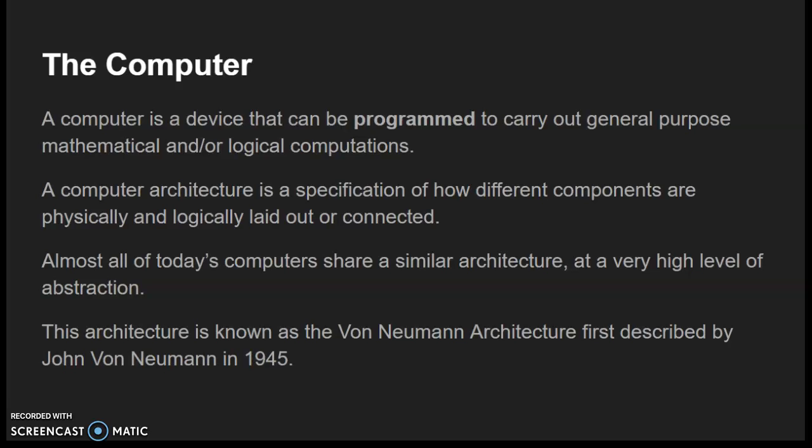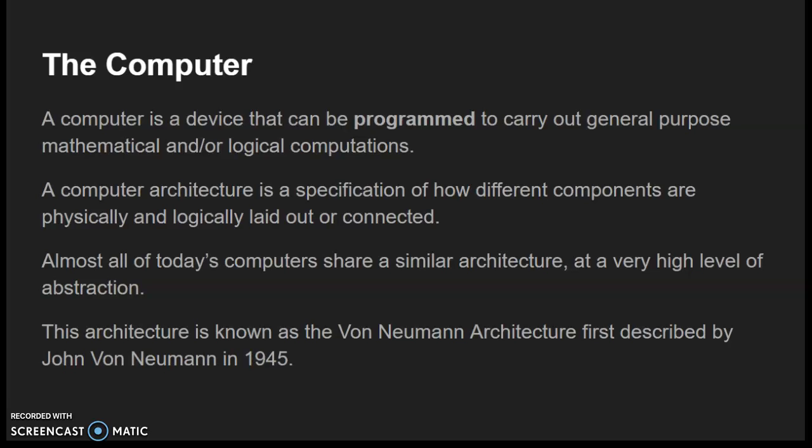Architects design all these, and of course, one of the reasons architects get paid more than engineers is they design some houses with a few nice little details. But a computer architecture is a specification of how these different components are physically and logically laid out or connected.